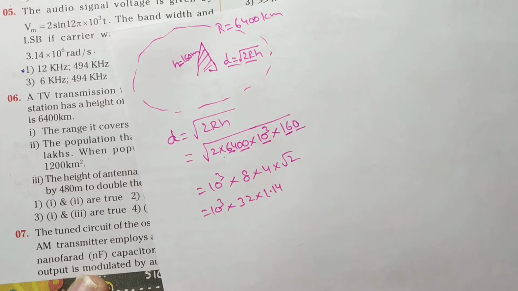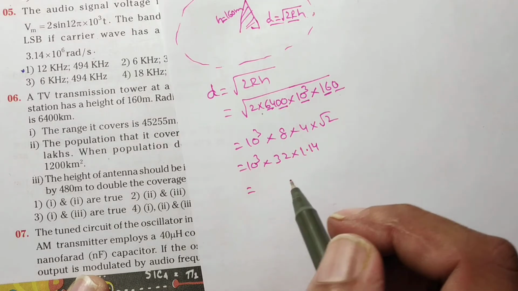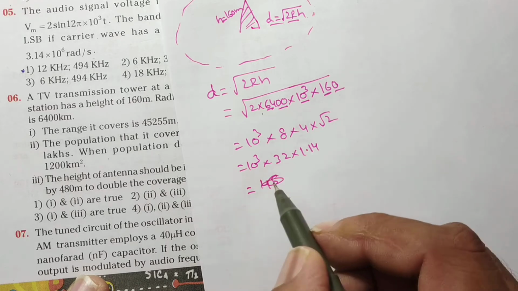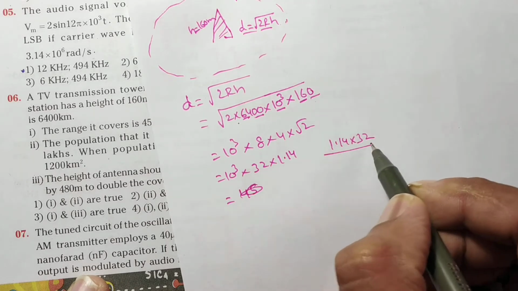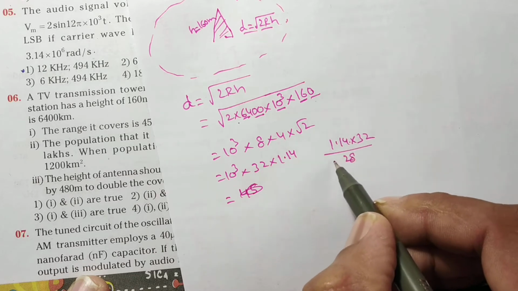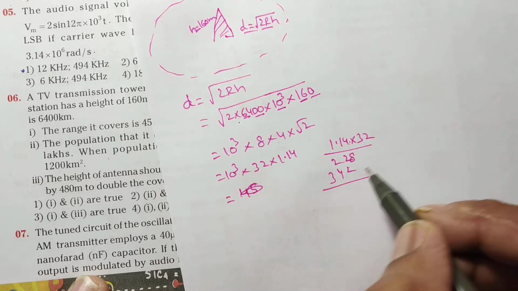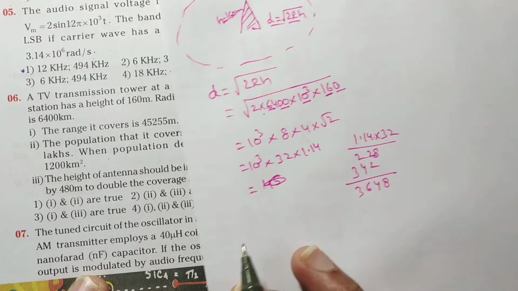Now after multiplying we are getting 32 into 1.414. Just I am going to multiply 1.414 into 32.